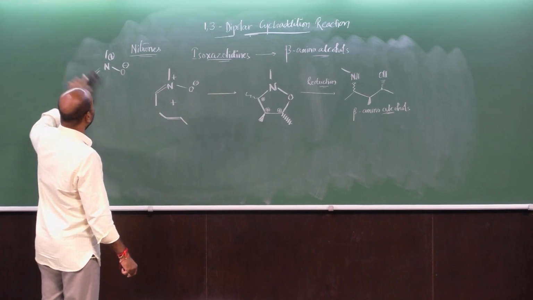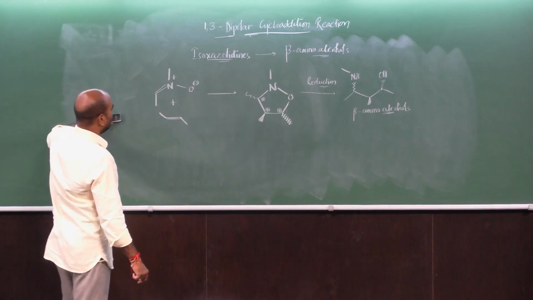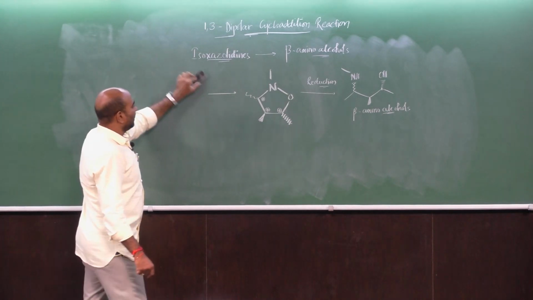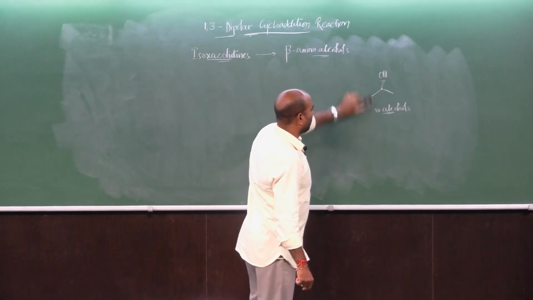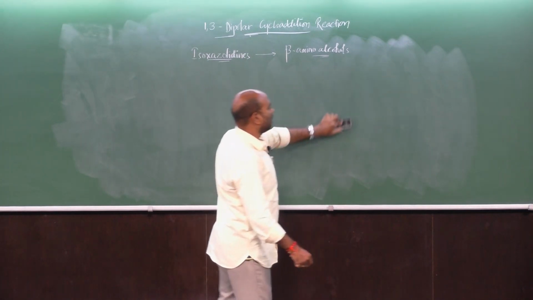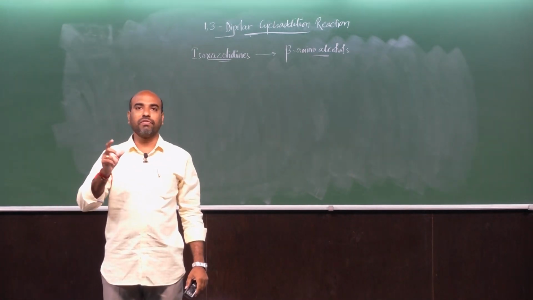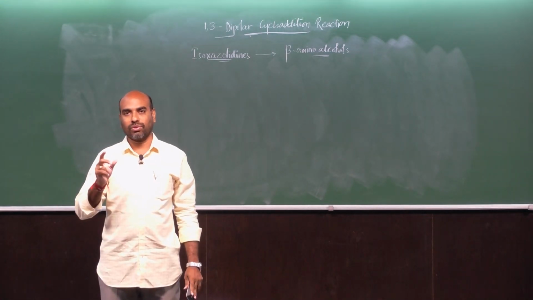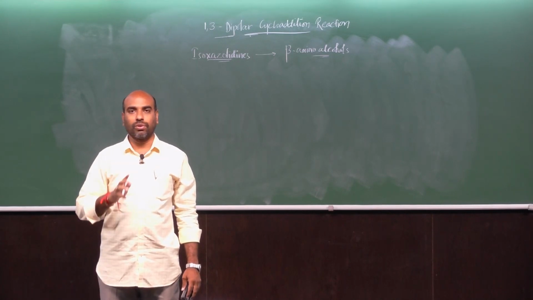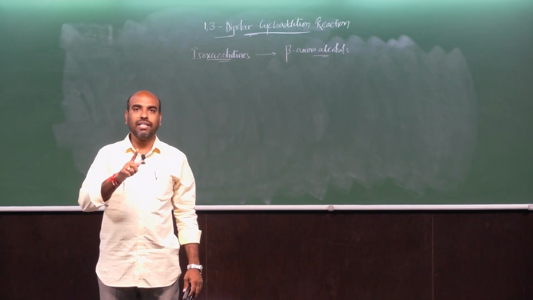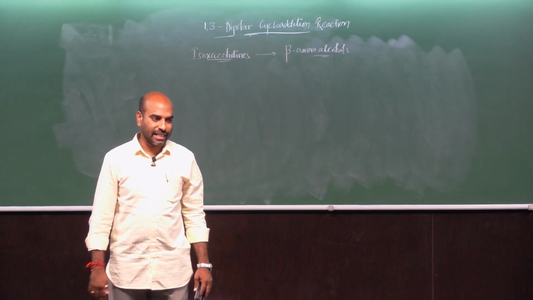And coming to the regioselectivity of these molecules, if the dienophile has any electron withdrawing group, then the electron withdrawing substituent will come at the 5th position in the isoxazolidines, whereas if the electron withdrawing group is a nitro group, then you can see the nitro group on the 4th position. Okay. So, that is an exception.